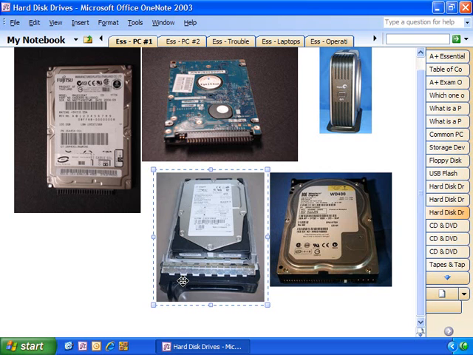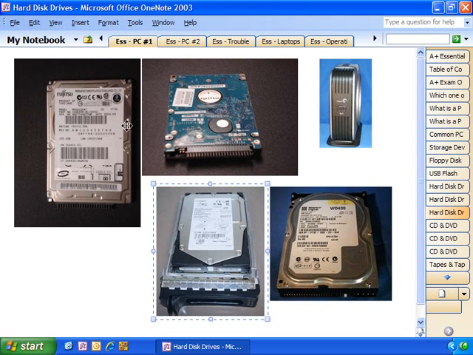Just take out the bad one and replace it with a new one without ever shutting down the server. But it just goes to show you that you can take this hard drive and mount it in a hot swap case, in an external case, or inside the PC directly, or it could be very tiny and inside a laptop or an iPod. So all these different ways of using hard drives are available.